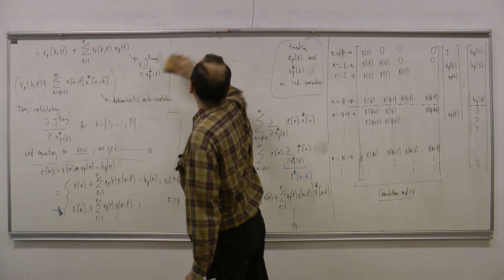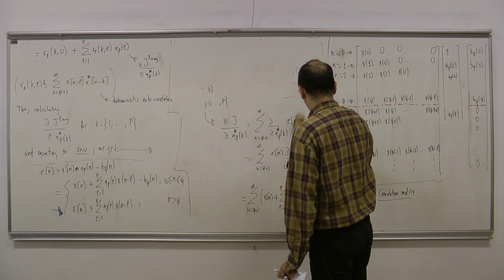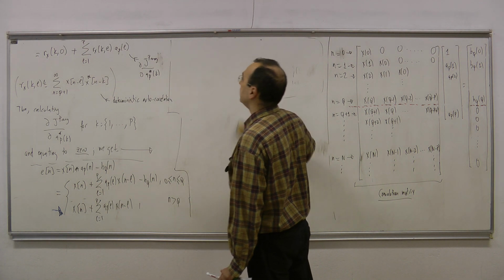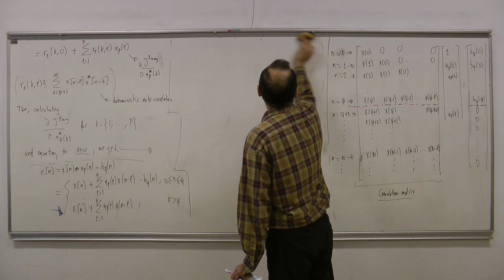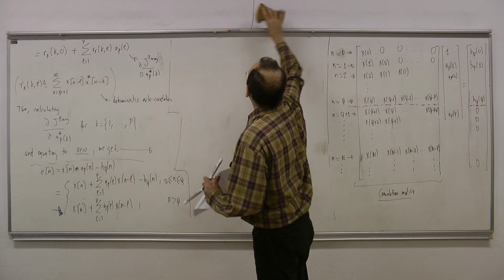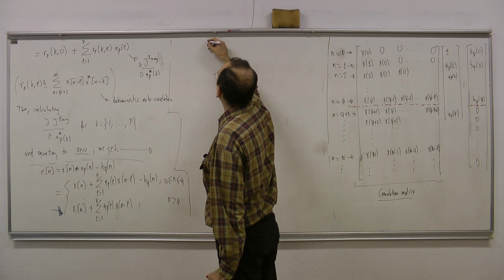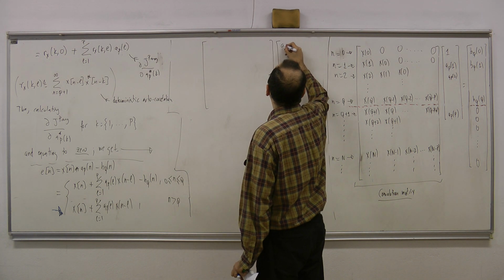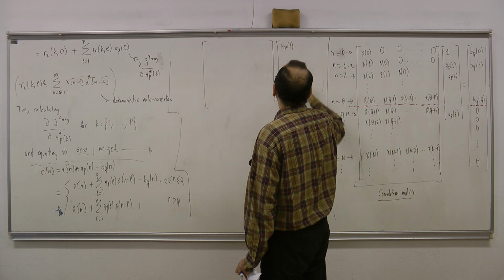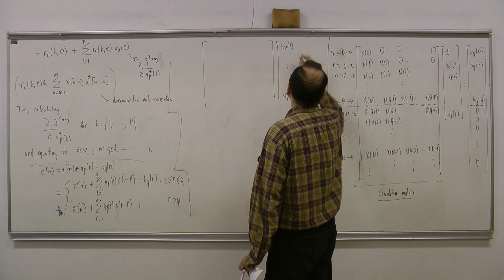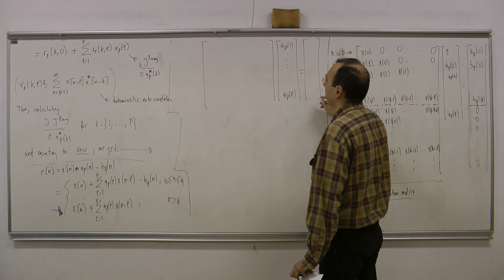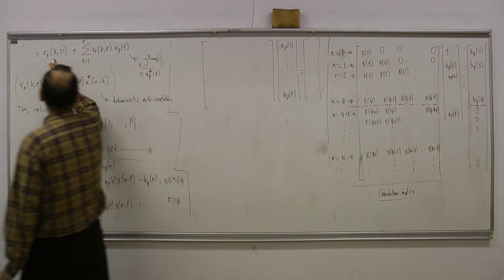So I'm equating, for example, this one equal to 0 for k equal to 1. Then I repeat the same thing for k equal to 2, and so on. Okay, so this is for generic k.